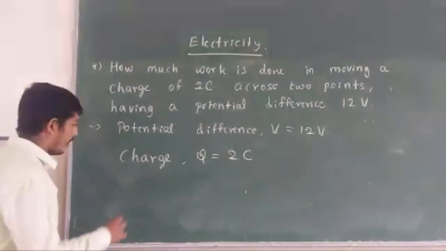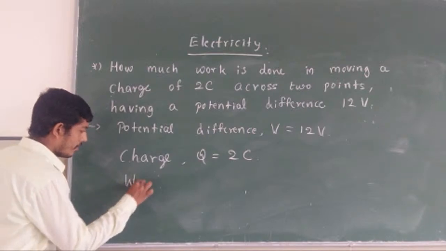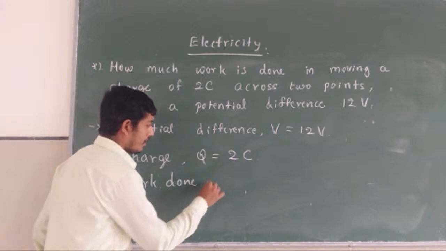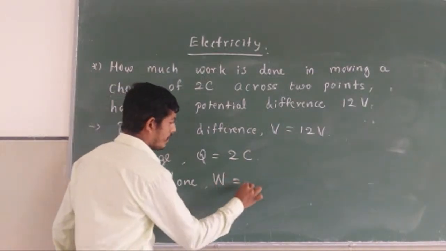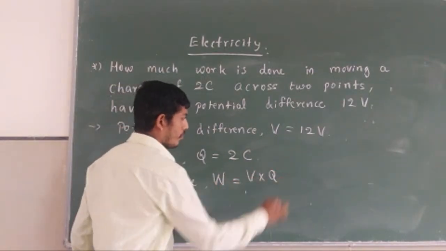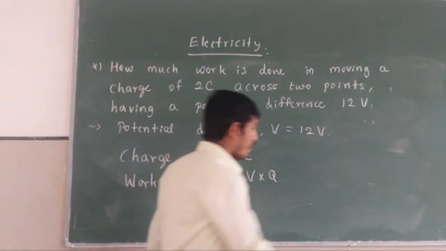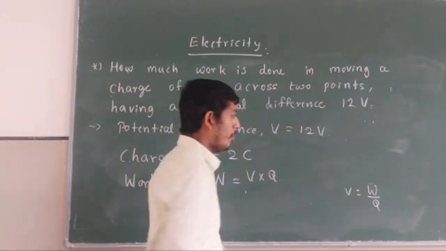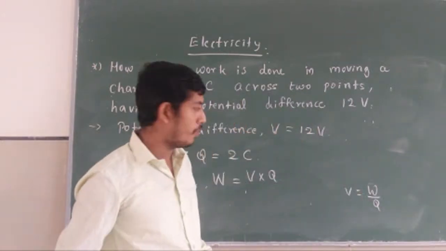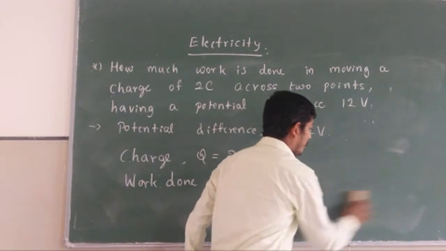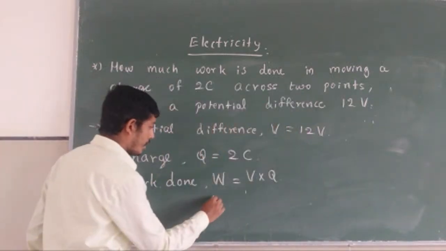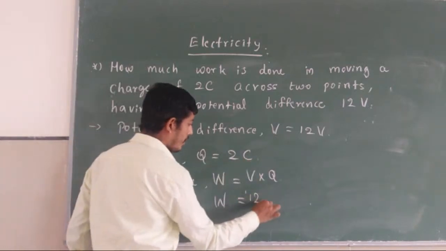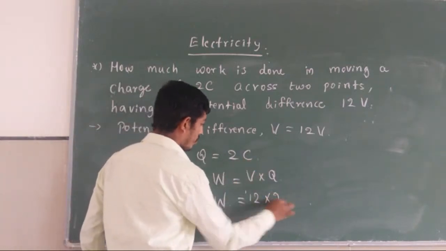Now we will write work done, that is W, equals V into Q. Because we know that V equals W divided by Q, that means W equals V into Q. And potential difference how much? 12, into charge how much?